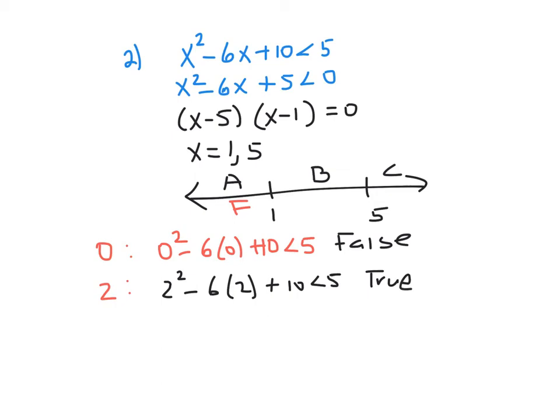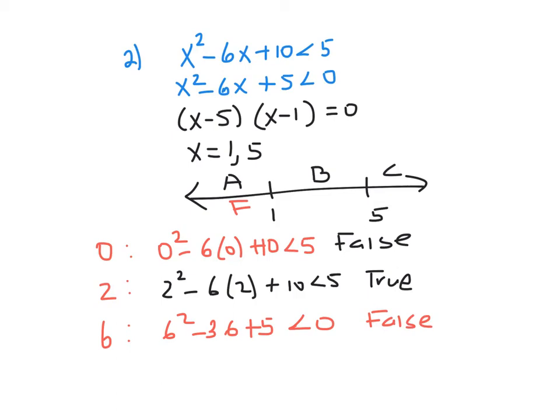In the next region, I'm going to test 6. I have 6 squared minus 36 plus 5. Is that less than 0? I see this is 5, which is not less than 0, so this is false.